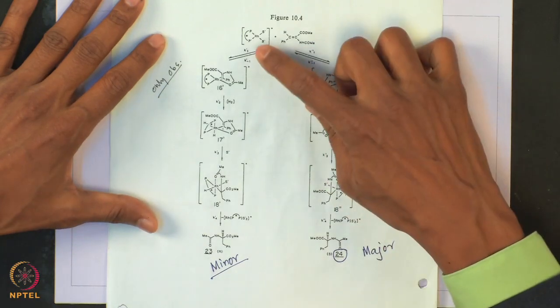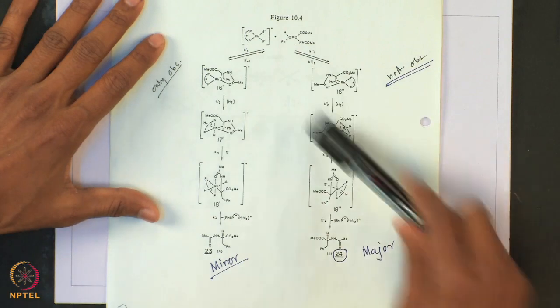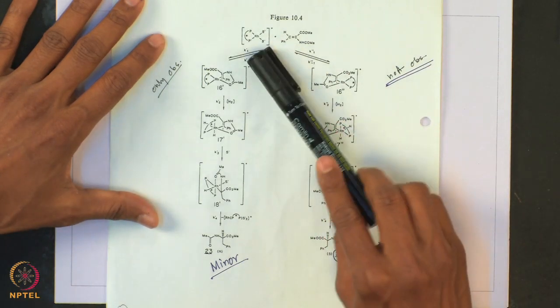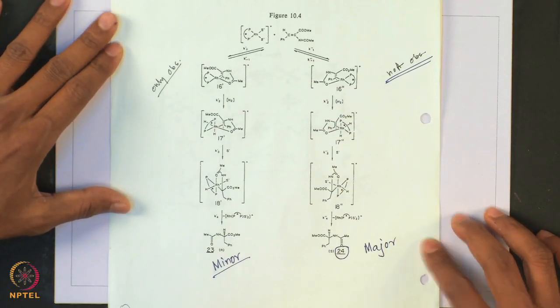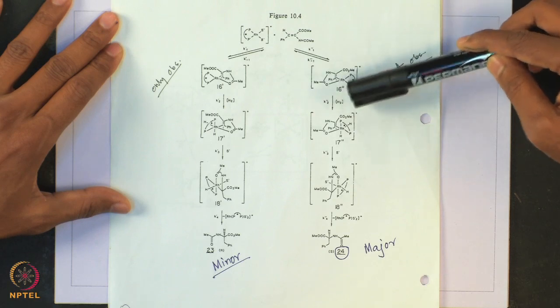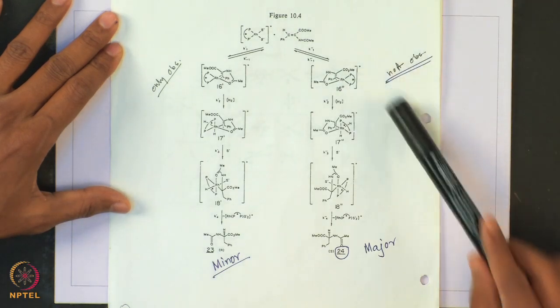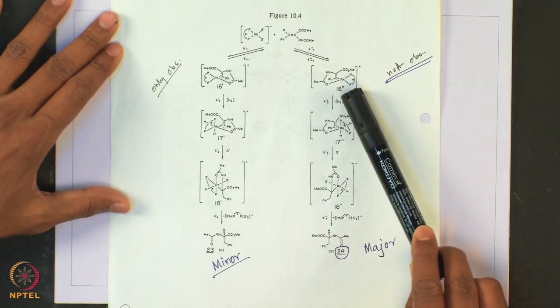Let us look at this rhodium intermediate, where your rhodium is having this chiral ligand and solvent coordinated. From there on, this olefin can coordinate with this rhodium center in two fashions, as is drawn here in the form of 16 double prime.